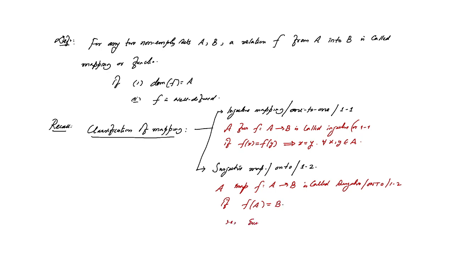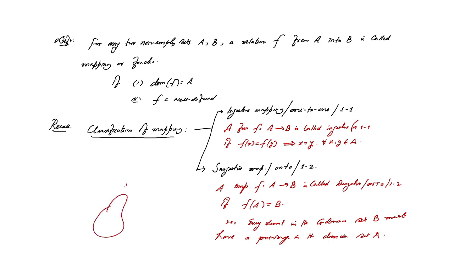That is, every element in the codomain set B must have a preimage, at least one preimage, in the domain set A. So this is the definition of the surjective mapping.